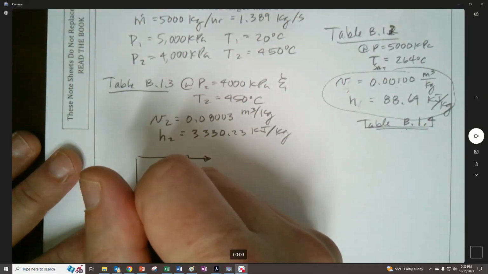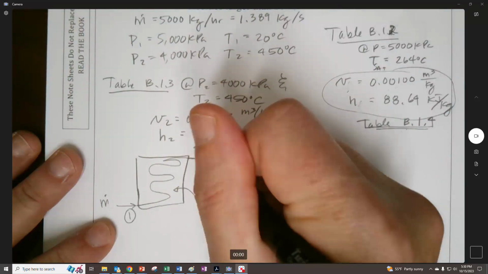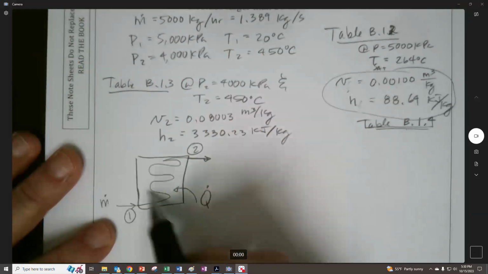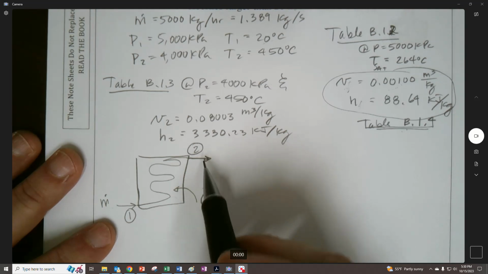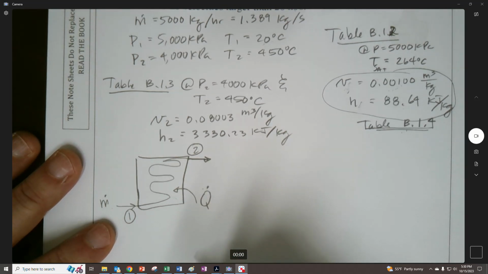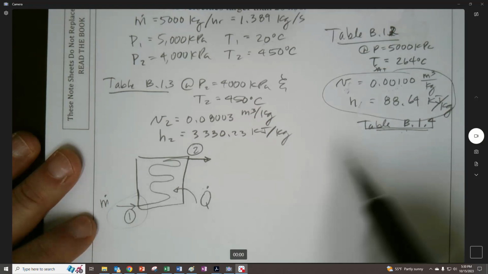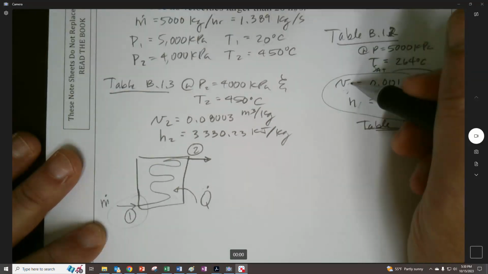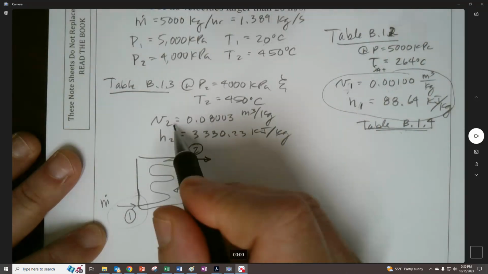So we have an M dot, and here's state 1 and here's state 2. If we're looking at the fluid, the water that's being heated up right there, here are our conditions at state 1. We'll call this 1, and here's our conditions at state 2.